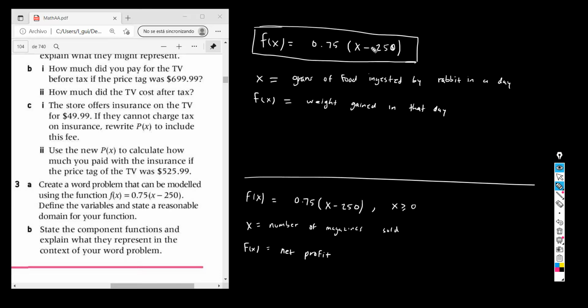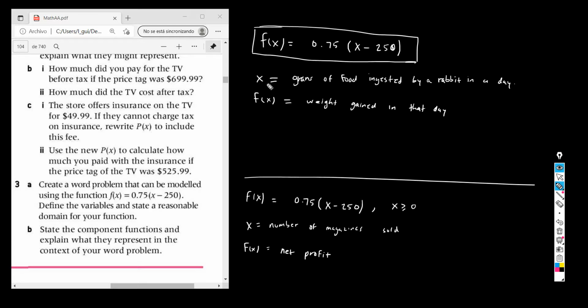What I did for this one, I'm going to give you 2 examples so that you understand how this problem creation can be done. Look, I define this variable x to be the grams, so that's a quantity that can be measured with a number, the number of grams of food ingested by a rabbit in a day. So I have a little rabbit, and this rabbit takes in some grams of food.